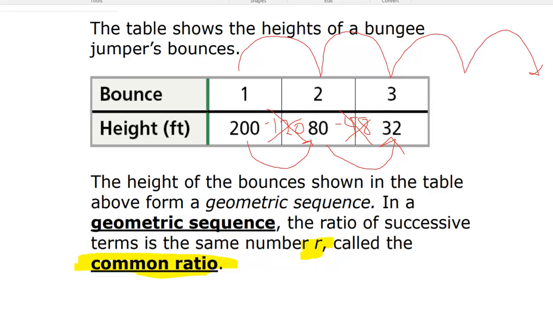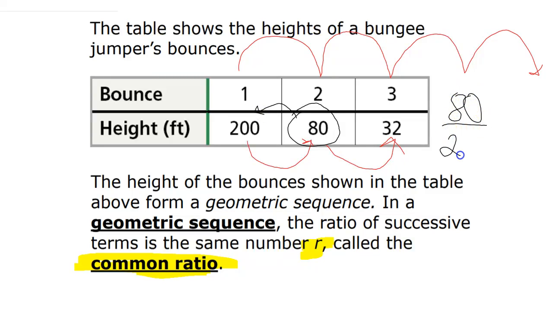So then we have to check to see if it's geometric, which it is, but the easiest way to find the ratio is to take whatever your next term is and divide it by your last term. So our ratio should be 80 over 200, which really will simplify down to 4/10. Now, to double check this, we got to do the same thing between 32 and 80 to make sure that these two will reduce down to be that same ratio.